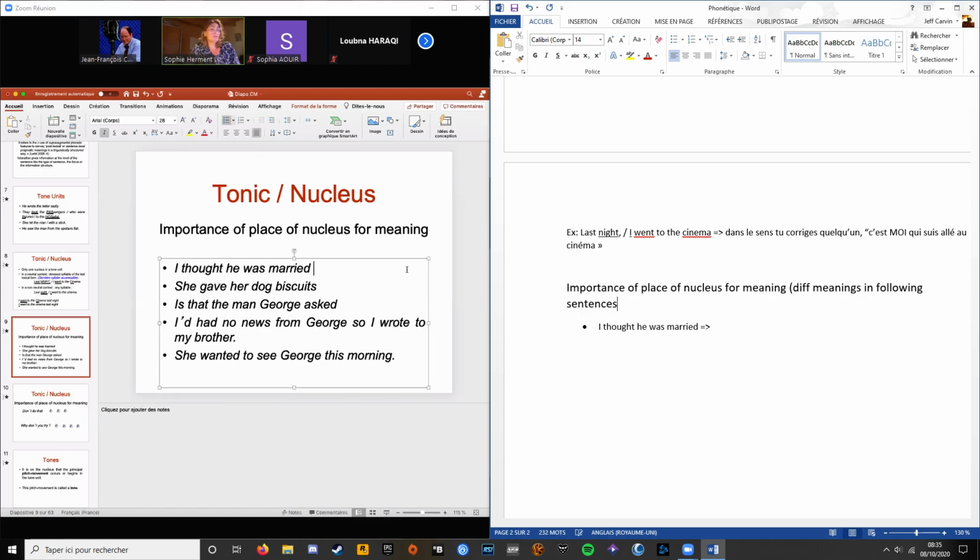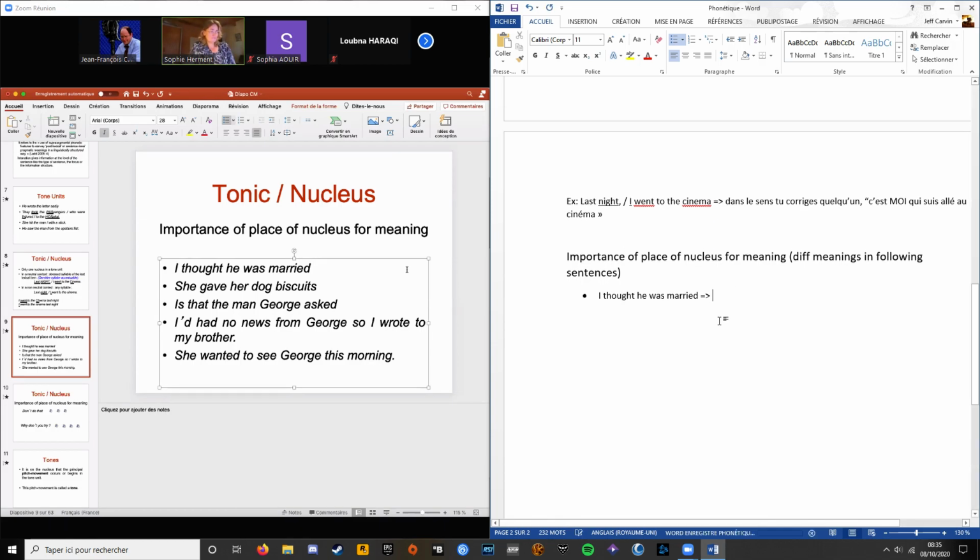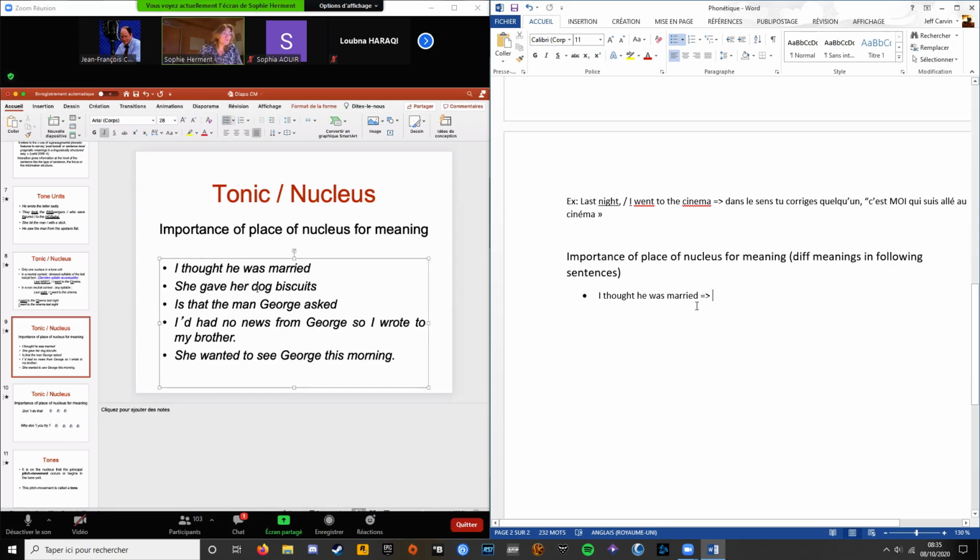Can you see the different meanings you could have? I'll just give you a few seconds to think a little bit about it. This one is probably the most difficult one. So the simple one, the most common one, I should say.